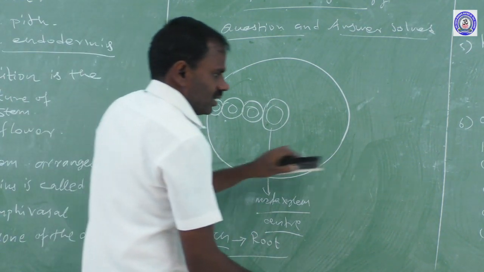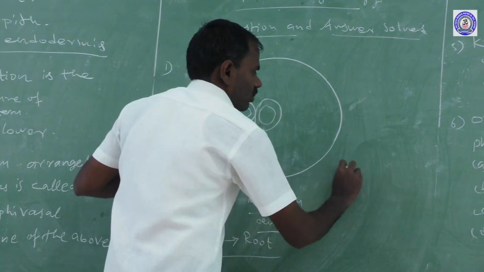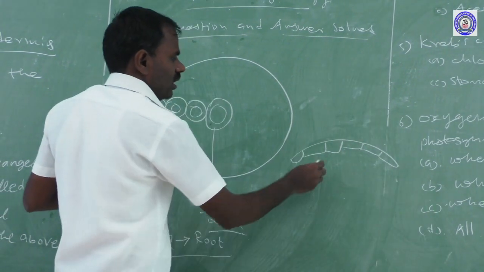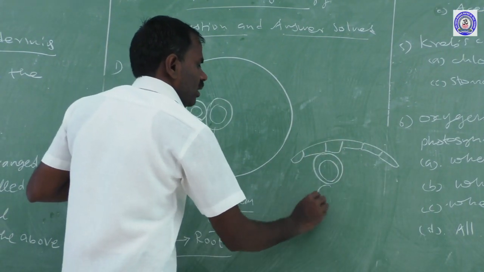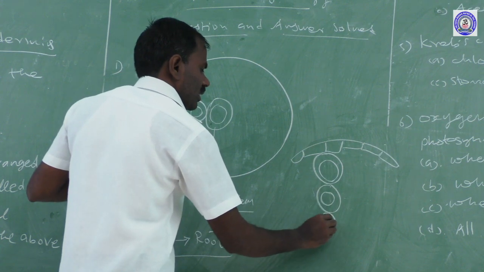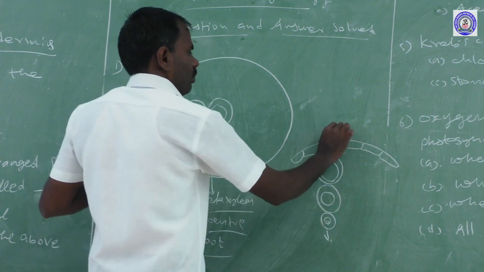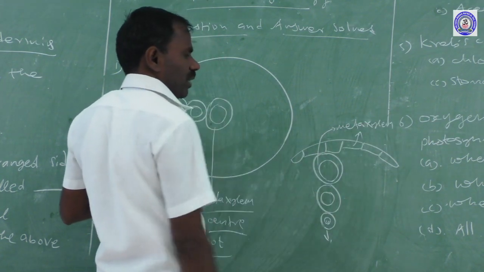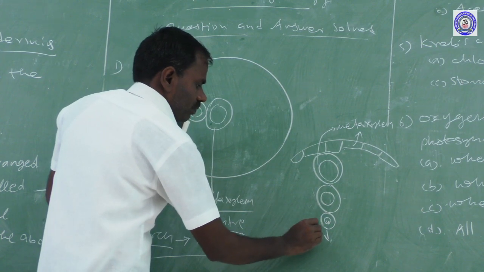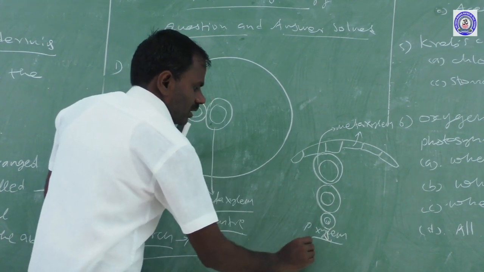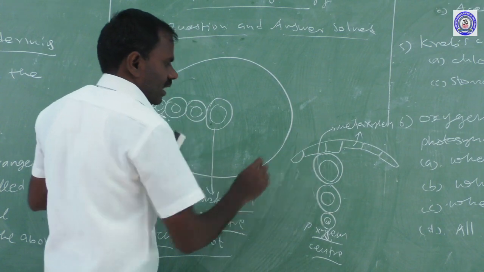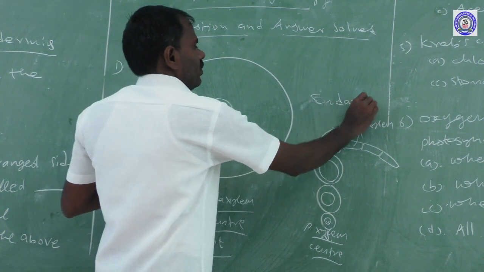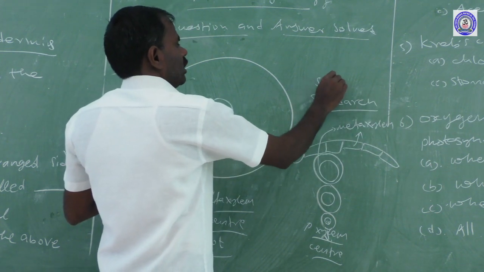But in the stem, the metaxylem is placed on the periphery and the protoxylem is placed only in the center. That arrangement of xylem elements is called endarch. This endarch xylem is found only in the stem.